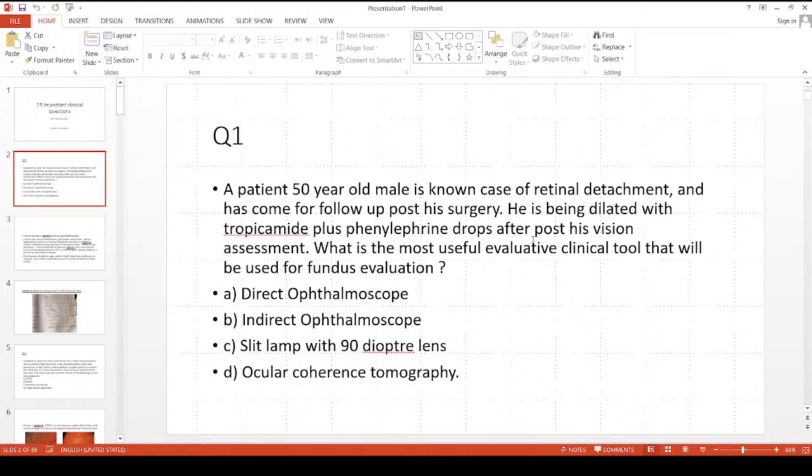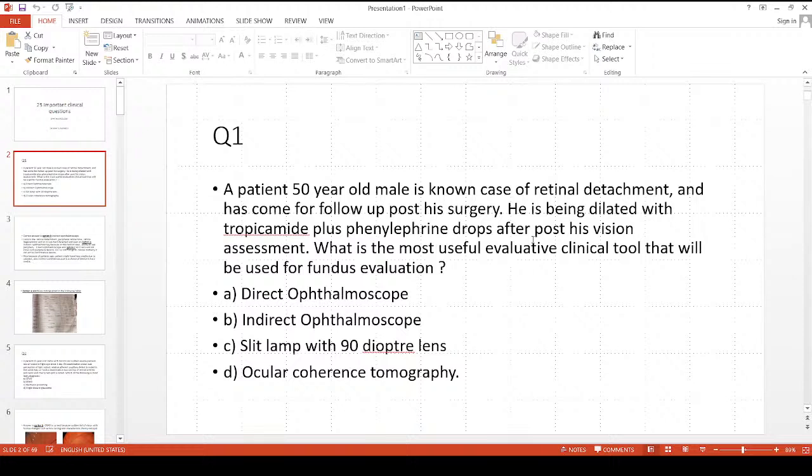So what is the most useful clinical evaluative tool? For fundus examination, as we know, the most important tool is indirect ophthalmoscopy when a patient is dilated, because direct ophthalmoscopy and a 90 diopter lens on the slit lamp won't give you a wider view of the entire fundus.